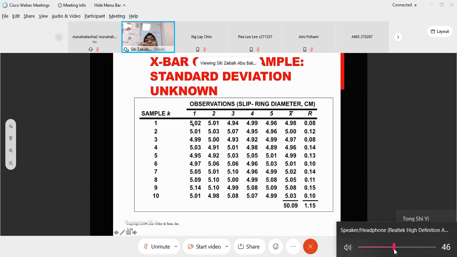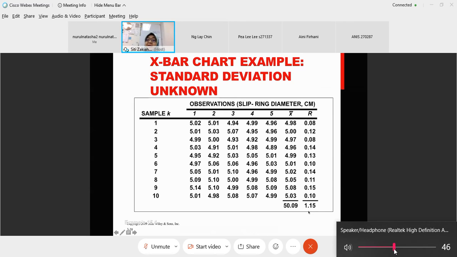The lowest value? 4.94. So if you subtract 4.94 from 5.02, you will get 0.08. That's how you get this value.